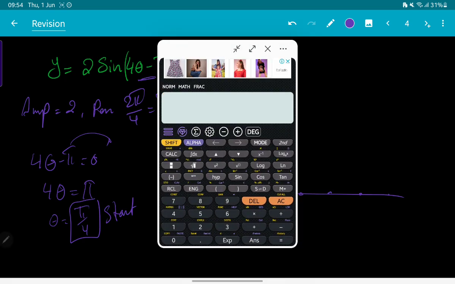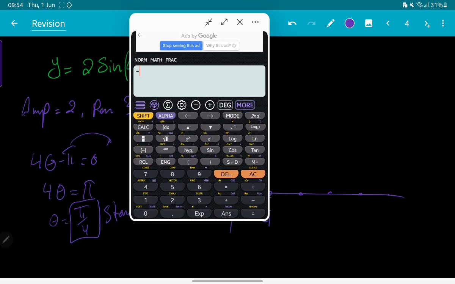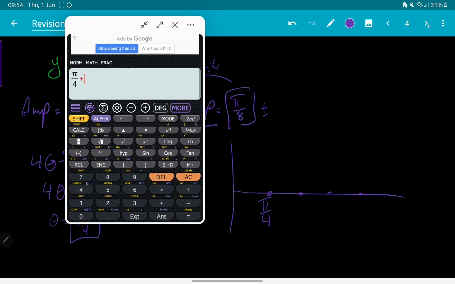Pi over 4 plus the step, which is pi over 8, so it's 3 pi over 8. Then we add again, we keep adding pi over 8. It's pi over 2.